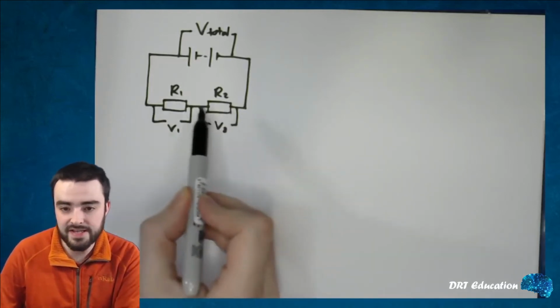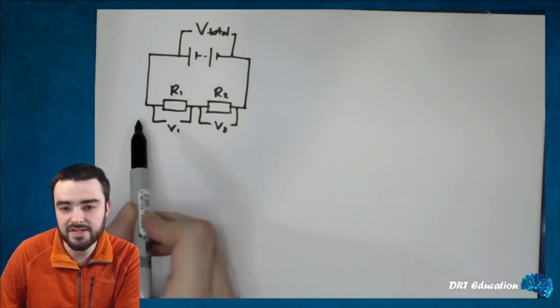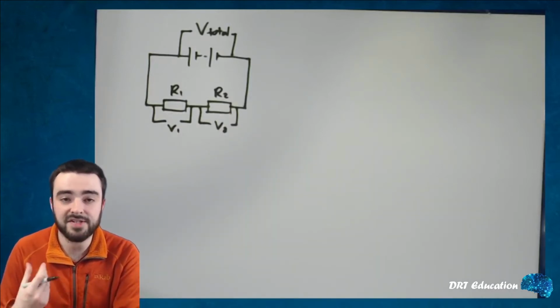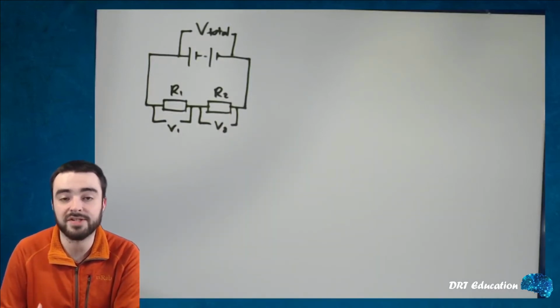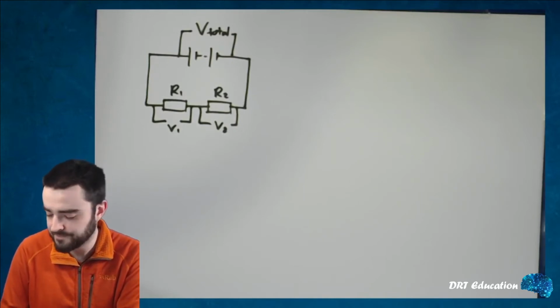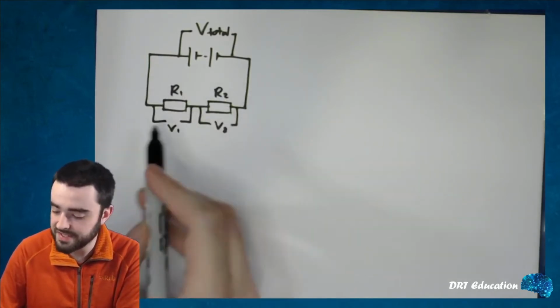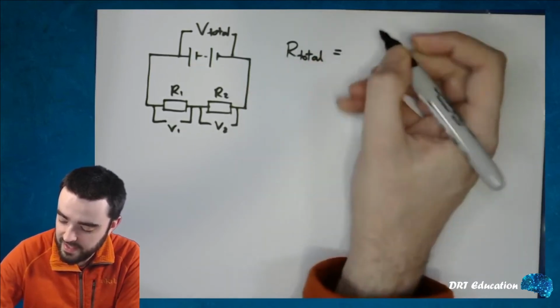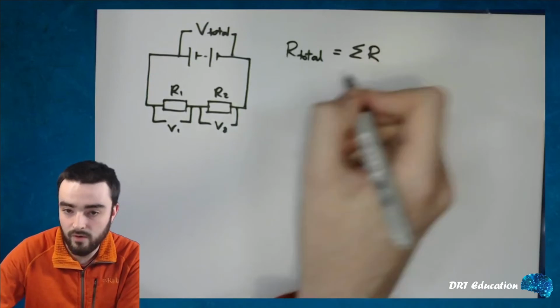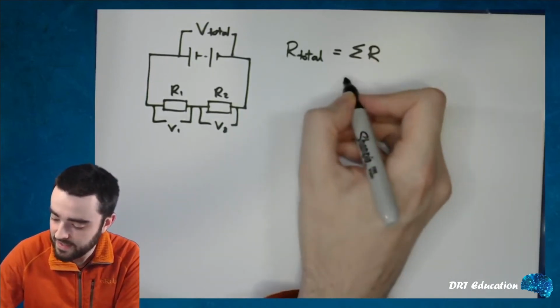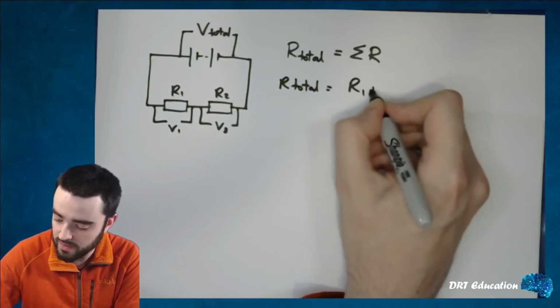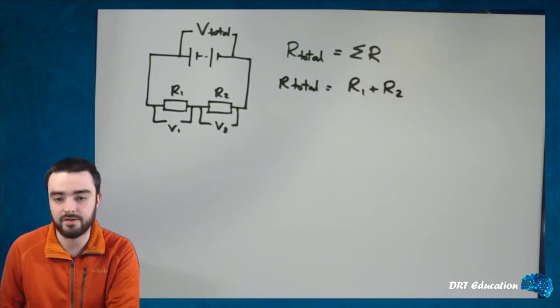So resistors in series, the resistance is going to increase the more you add in, because a resistor is just anything that is preventing or trying to slow down the flow of charge. So the total resistance in this circuit, or R total, is going to be equal to the sum of the resistors. So in this case, R total is equal to R1 plus R2.